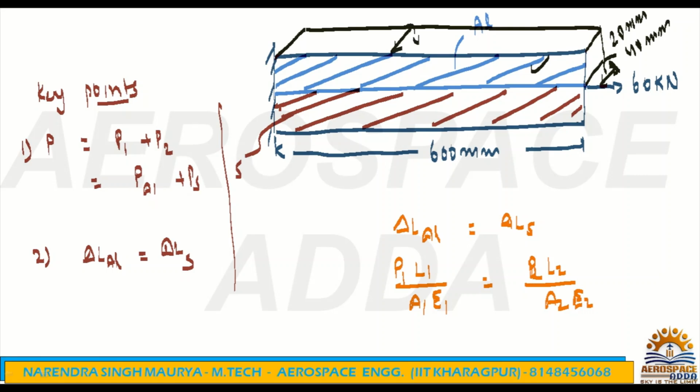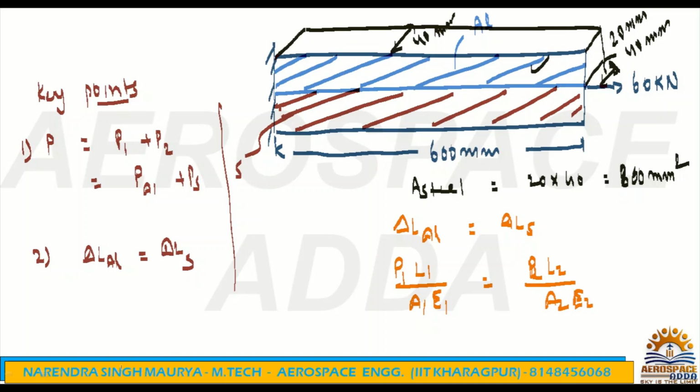Okay, there should not be any confusion. So the area of aluminum is nothing but 20 into 40, it's 800 square millimeters, right?